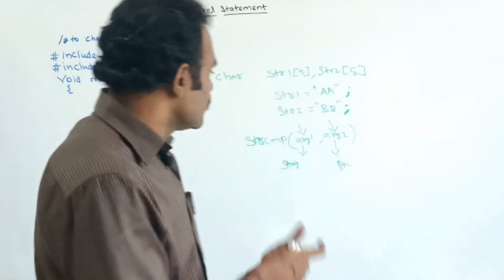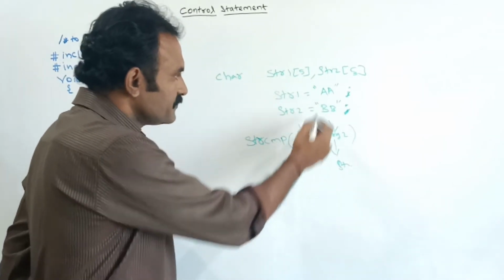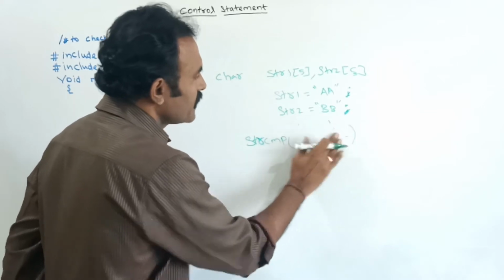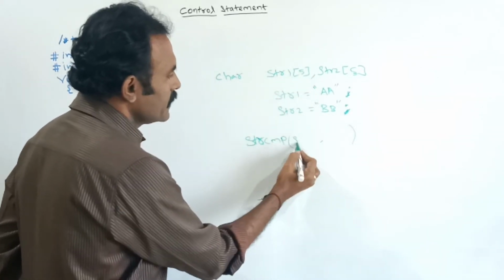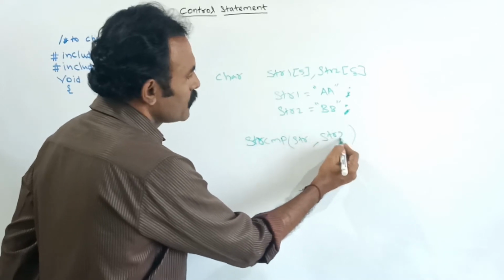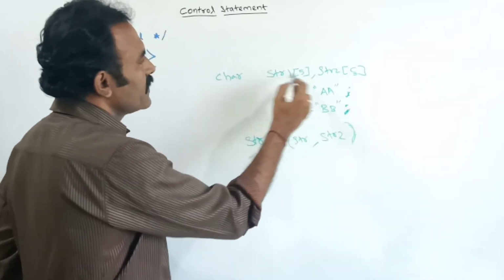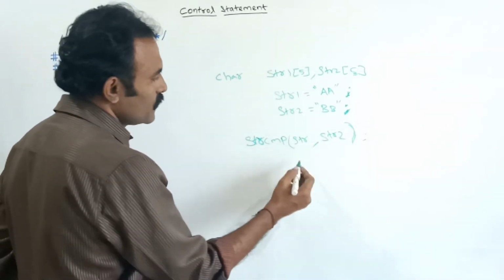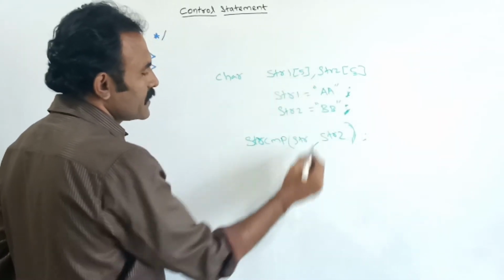See how it checks. For example, in argument 1 I am comparing string 1, and next in argument 2 string 2. I am giving the string 1 variable and the string 2 variable. What is the value in string 1? AA.